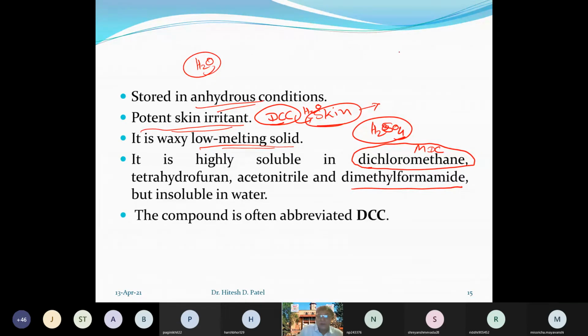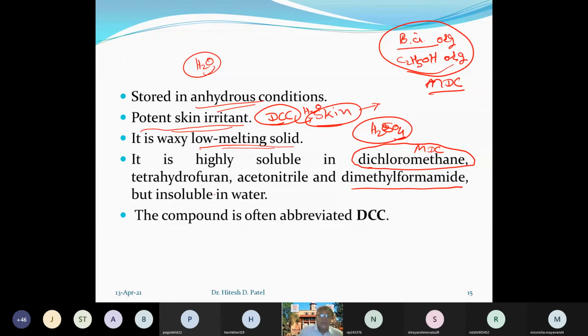Whenever you want to carry out a reaction of benzoic acid, which is an organic compound, with ethanol, C2H5OH, also an organic compound, your reagent is also soluble in organic solvents like MDC and others. So the reaction will take place very smoothly.